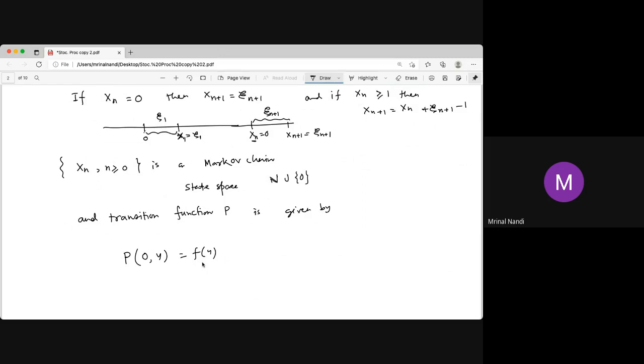Starting at 0 and ending at y means y many new customers came, and none is served because at the start it is 0. And for other values x, where x is greater than or equal to 1, from x to y means there were x many customers there previously.